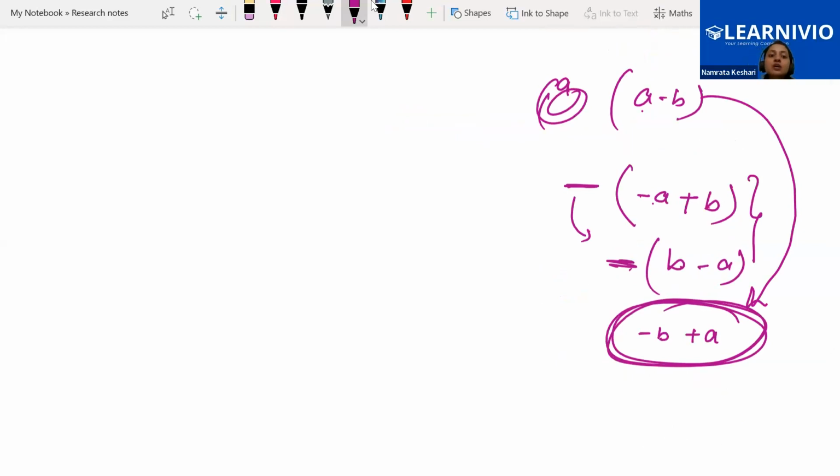If I tell you that there is a positive number 5, please write it with a negative sign. So one arrangement you can do is minus of minus 5. There is no difference between 5 and minus of minus 5. Is there any difference?